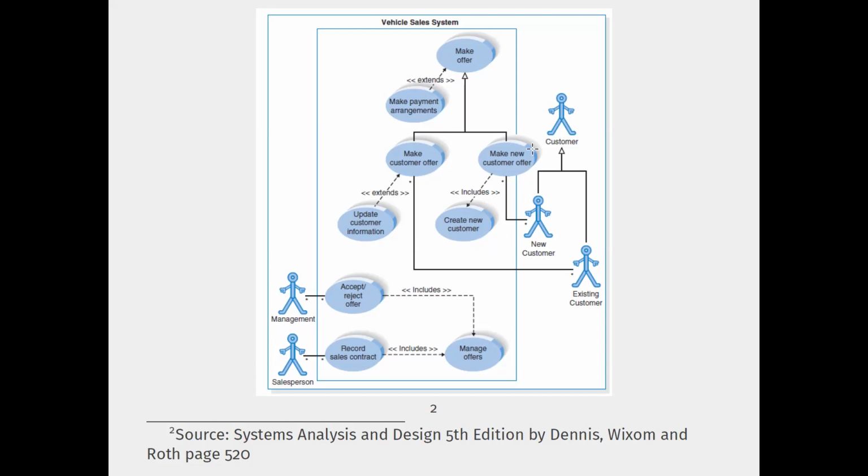For example, here you can see make a new customer offer, which includes create new customer. Similar to that, we have another include: record sale contract, which includes manage offers. Another, accept or reject offer, again includes manage offers.